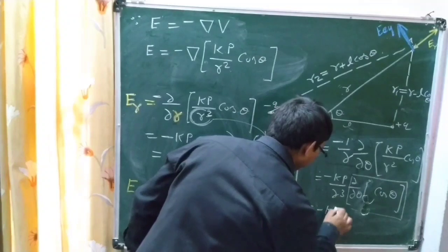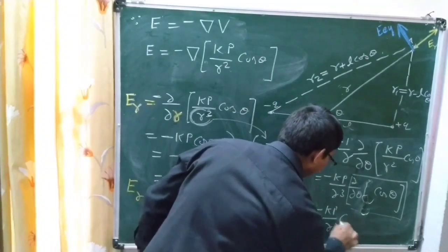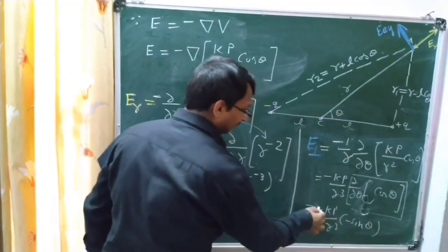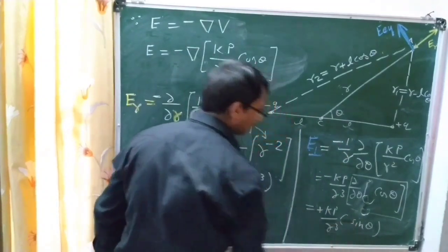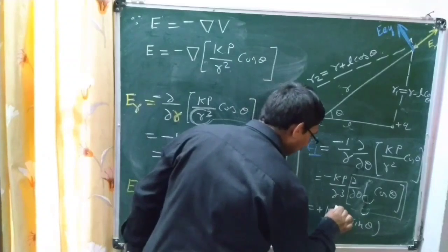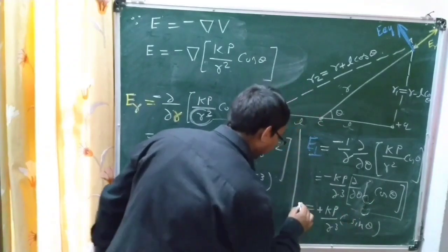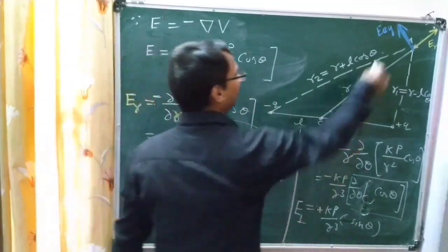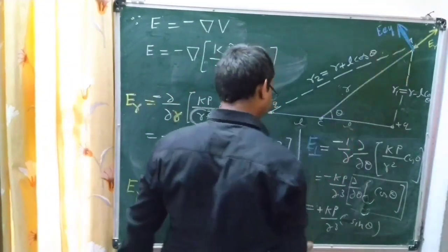So minus Kp upon r cube into minus sin theta. This minus and this minus will give plus, so you can write it as Kp upon r cube sin theta. It is a perpendicular term, which is at the equatorial point.